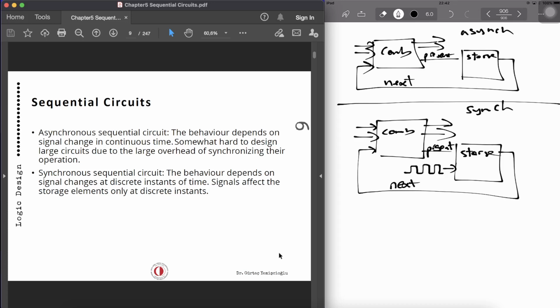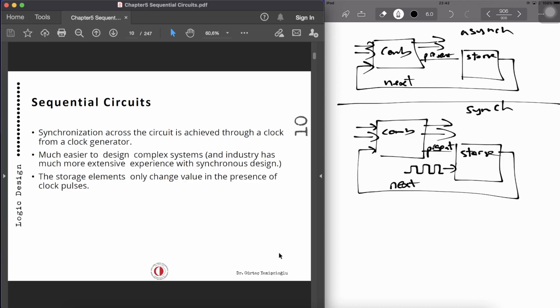The other one is hard to design for large circuits. There's a large overhead. Synchronization is achieved through the clock from a clock generator. It's much easier to design synchronous designs, and most of the industry is using synchronous sequential circuits, and the storage elements change their value in the presence of the clock pulses, as I already mentioned.